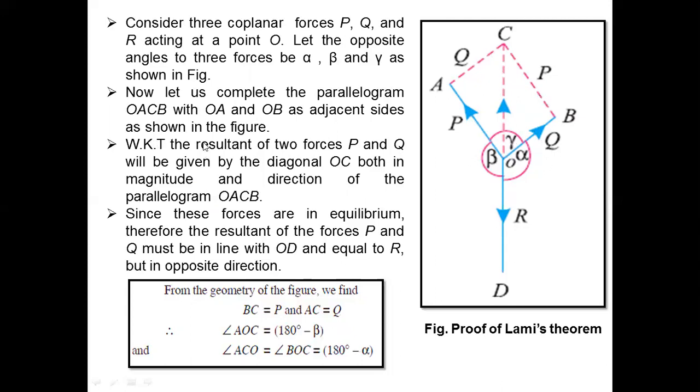As I mentioned, the resultant of the two forces P and Q is given by the diagonal OC, and OD represents the equilibrium force, which has the same magnitude as the resultant but acts in the opposite direction. Since these forces are in equilibrium, the resultant of the forces P and Q must be in line with OD, equal to R, but acting in the opposite direction.